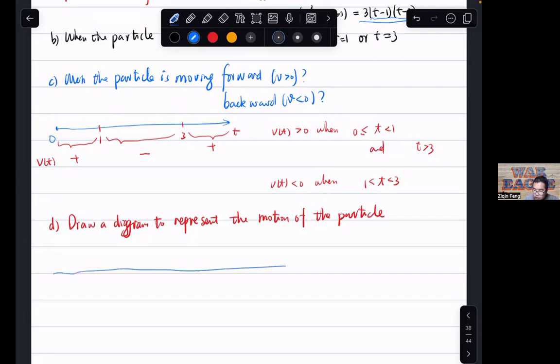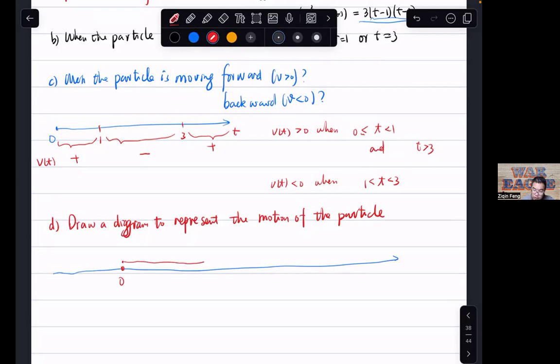The particle is moving on, right? We want to sketch our motion. If you plug in t equal to 0, for sure the position is 0. And from time equal to 0 to 1, the particle is moving forward. So starting from 0, moving forward. When t equal to 1, the particle stops.